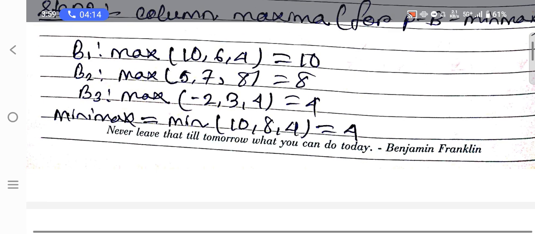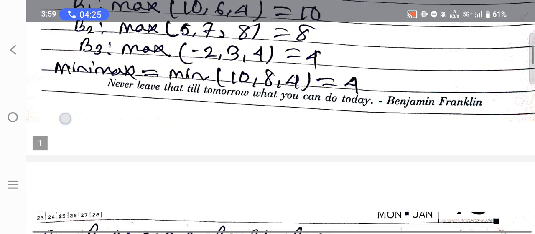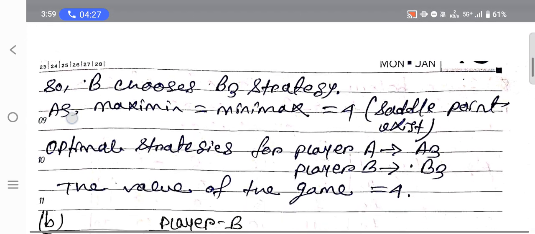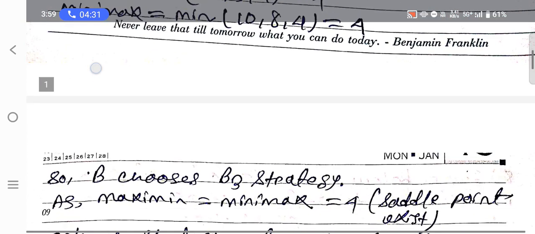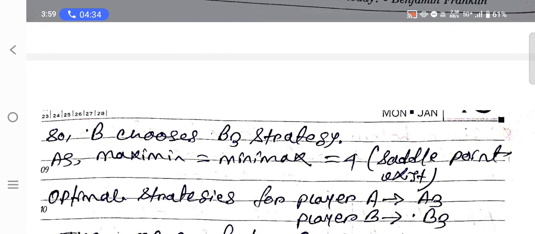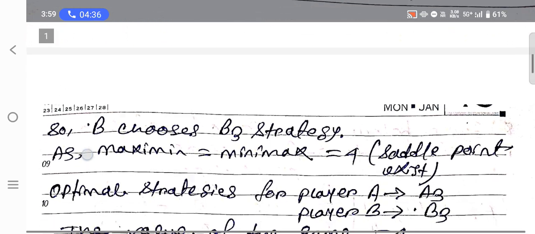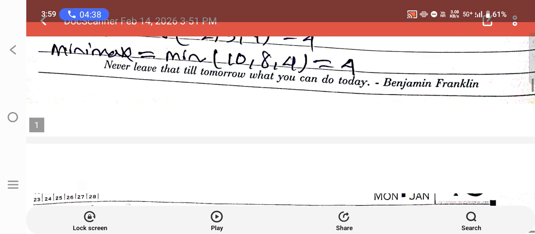So minimax means the player B always tries to minimize his maximum loss. So B chooses the B3 strategy. As the maximin and minimax are both equal to 4, the saddle point exists.